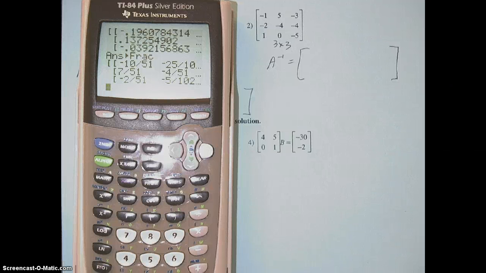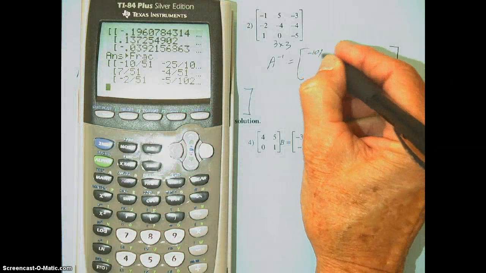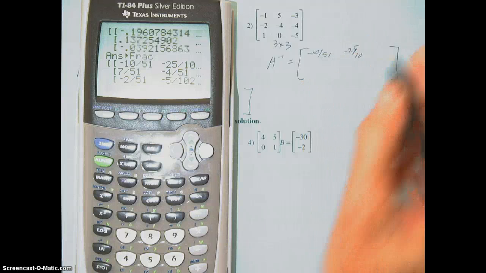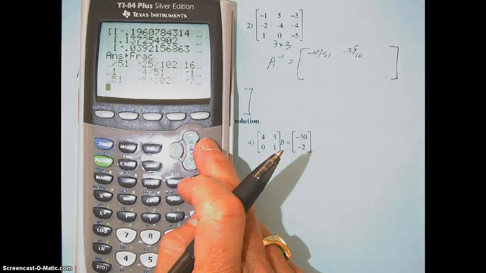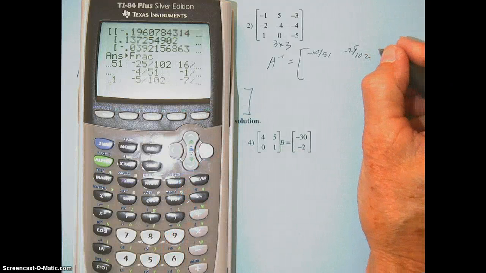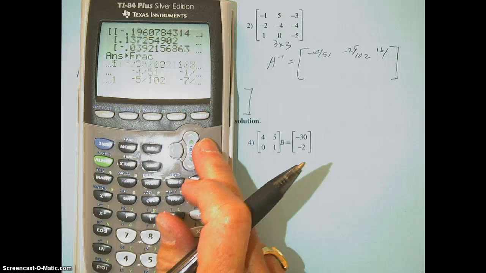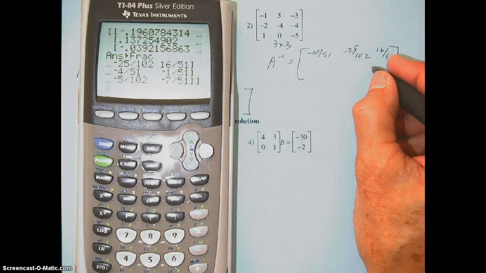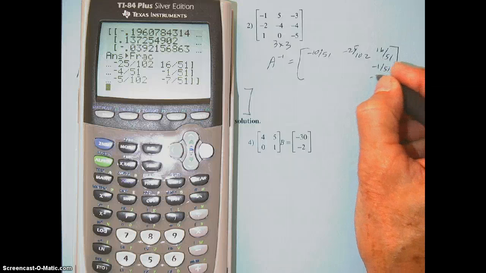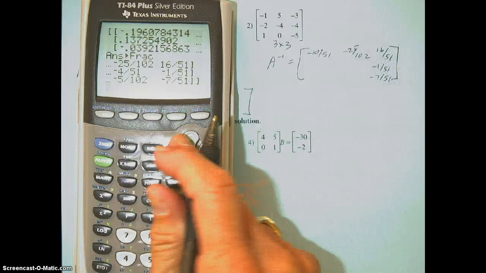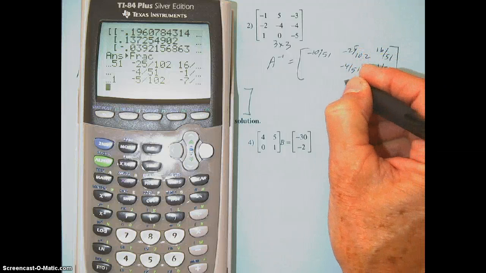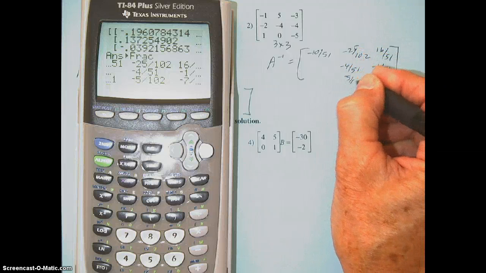You should have a 3 by 3, but you don't really see a 3 by 3 until you hit the over key so you can get the other 2 rows. How do you get the other 2 rows? Just keep hitting the over button and record. We can check this because when we multiply a matrix by its inverse, we should get what's called the identity matrix.